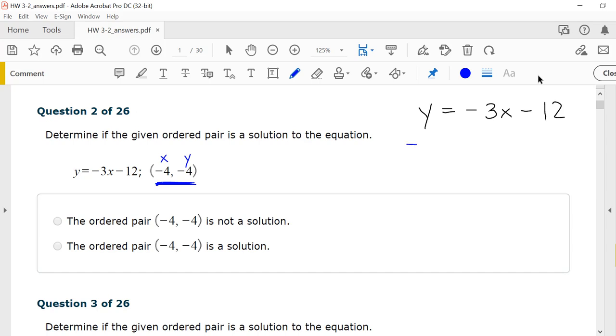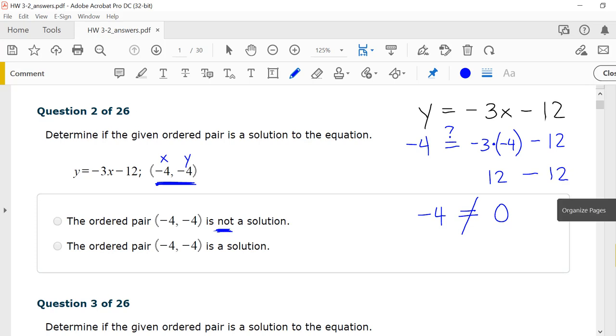So I'm going to put -4 in for y and ask, is that equal to -3 times, what is my x? -4, minus 12. -3 times -4 is 12. And then I have minus 12. 12 minus 12 is 0. Is that equal to -4? No. So the point is not a solution to the equation.